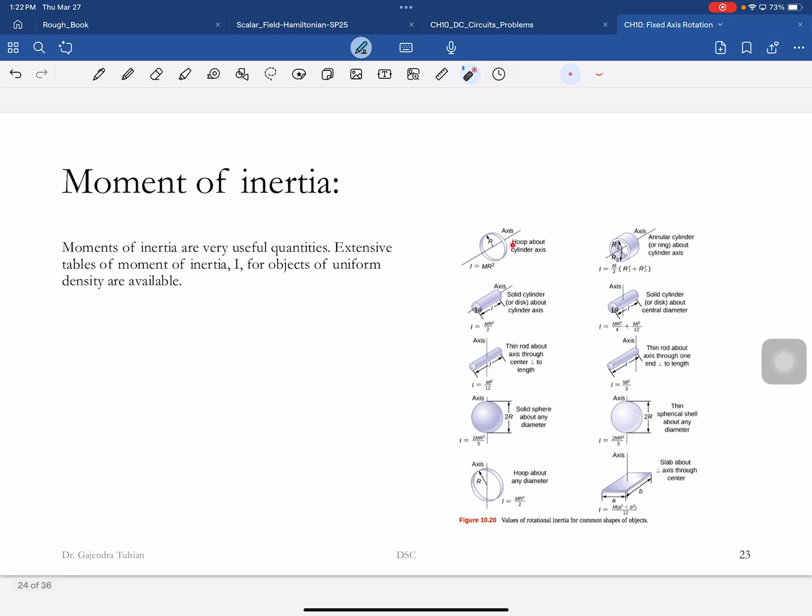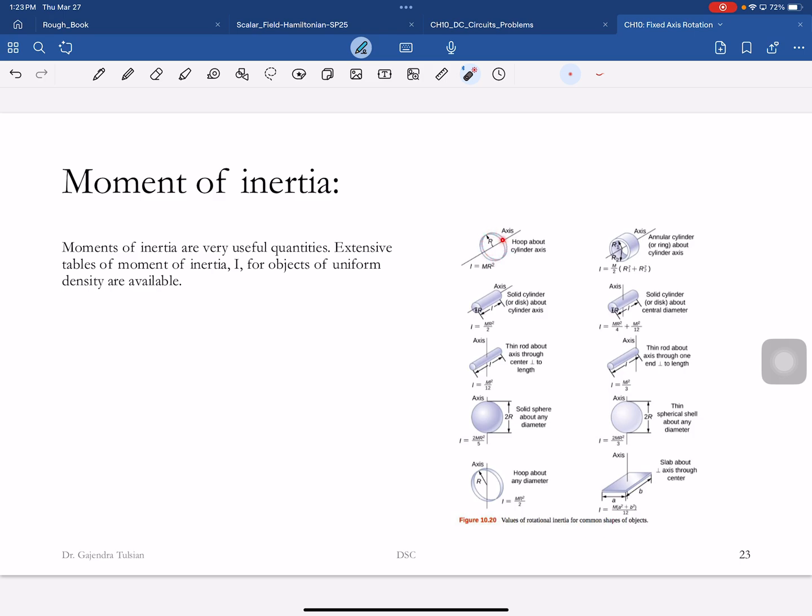Okay, so here's a table. And these guys are important enough that you have to know them. So here's a solid sphere. So for instance, a bowling ball, the moment of inertia about that axis is 2/5 mr squared. M is the mass of the object and r is the radius of the object.